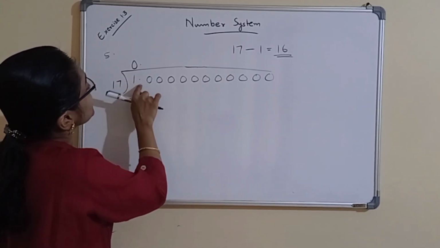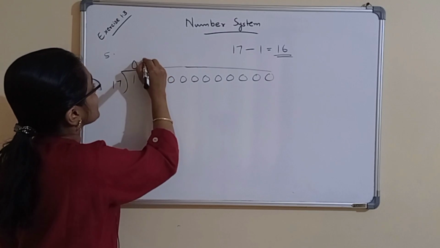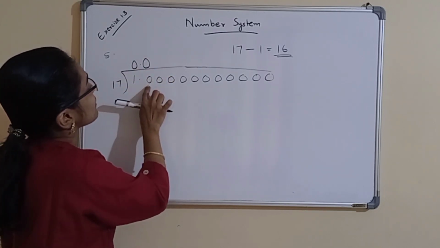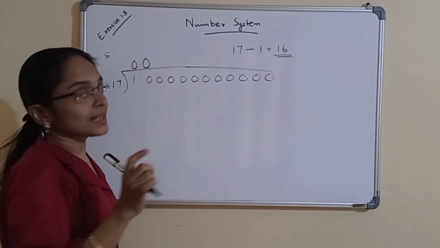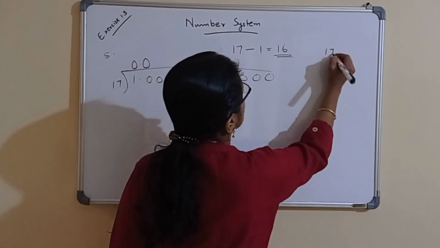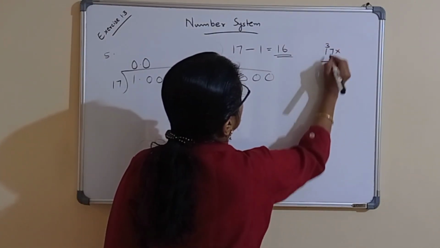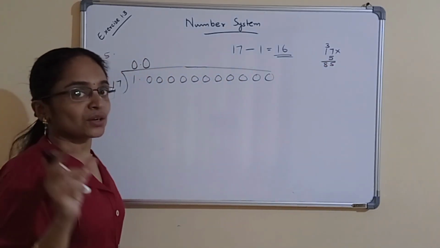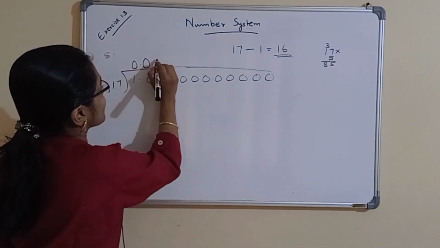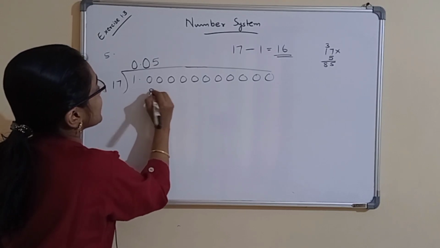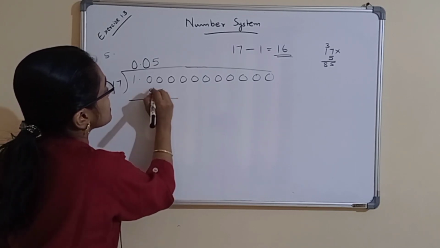Now will 17 go in 10? No. So write a 0. Then will 17 go in 100? Yes. 17 into 5 is 85. So 17 will go in 100 5 times. So we'll get 85 and what is the remainder?